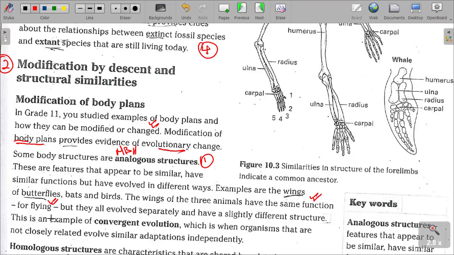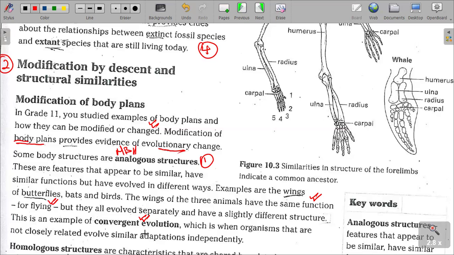They evolved separately and have slightly different structures, which is an example of convergent evolution. Convergent evolution is when organisms that are not closely related evolve similar adaptations independently.